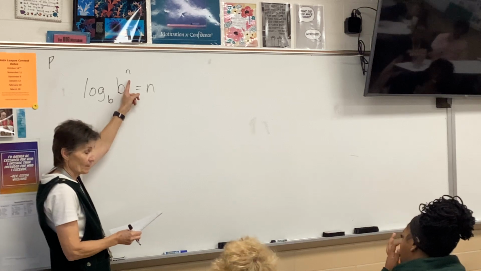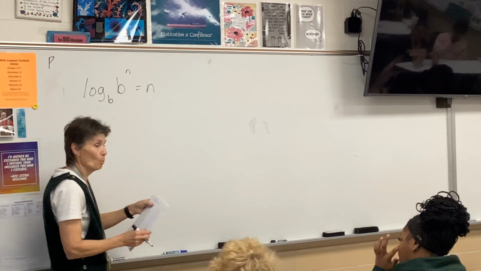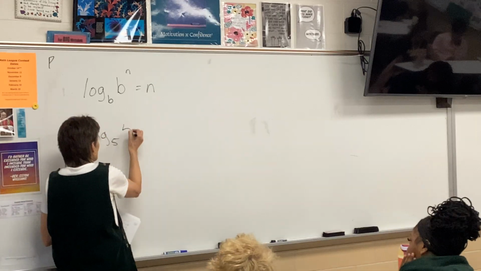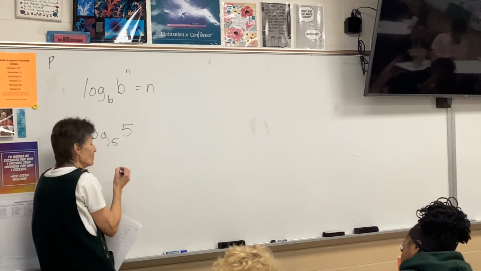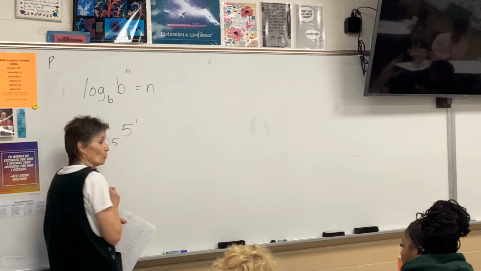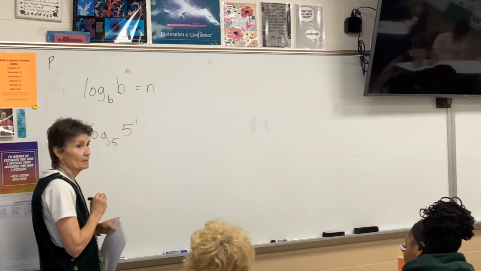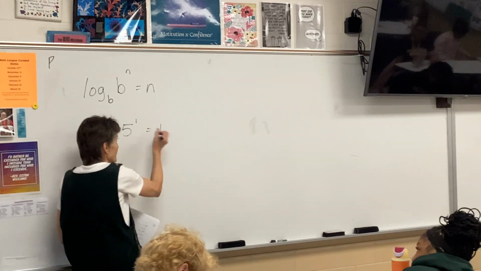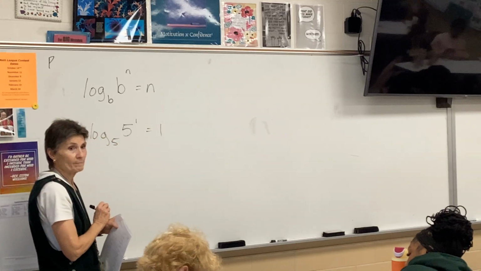Okay? So when I look at problem 1, at first glance, you may not realize, but isn't there an understood 1 right there? And since these two numbers match, then the answer is just 1.